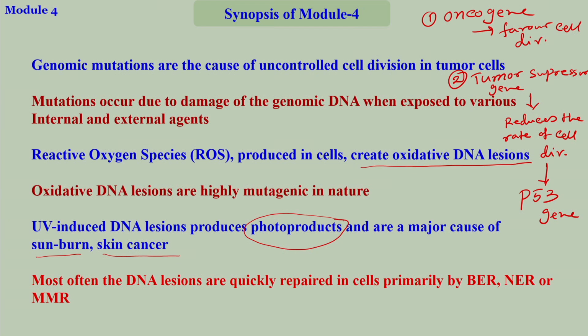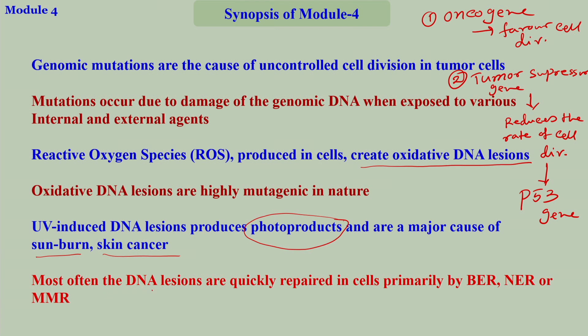When you are exposed for a prolonged time to sunlight, if you especially go to a high altitude area, trekking for example, then you will most often see that you have to use a heavy amount of cream on the surface of your skin to prevent sunburn. So, sunburn basically is because of the formation of UV induced DNA lesions, different kinds of DNA lesions, and skin cancers in most cases are because of the DNA damage that is formed due to UV light.